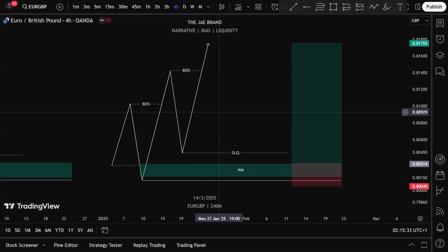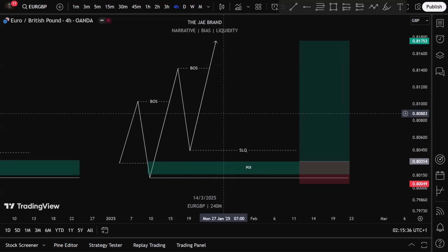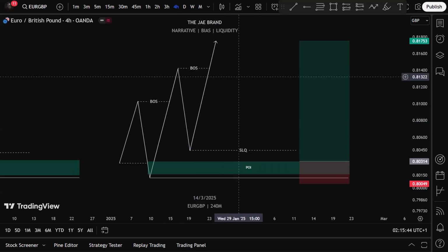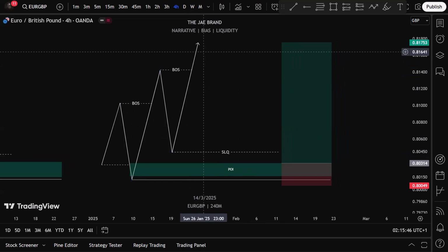I just hope you guys are understanding me. This becomes your structural liquidity, or you can call it your inducement, because some uninformed traders will do something like this.